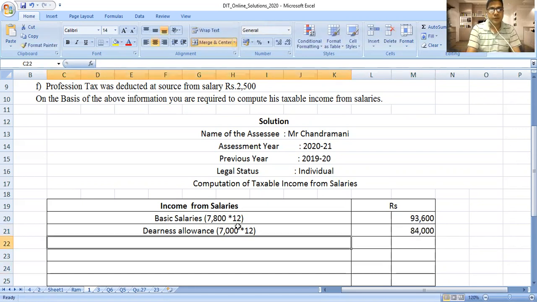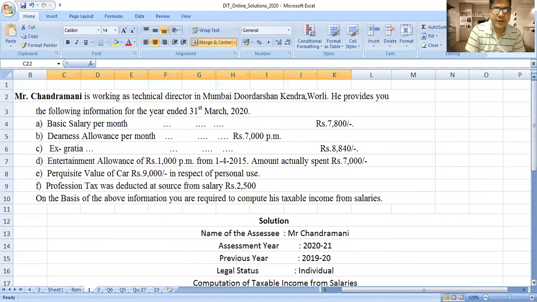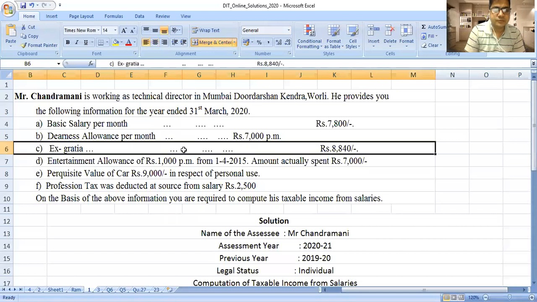After recording dearness allowance, the next income provided is ex gratia. It is an income received by an employee who is doing special activities or special work. He is doing hard work compared to other employees. Therefore, the employer provides extra money, or one special attention to this particular employee.